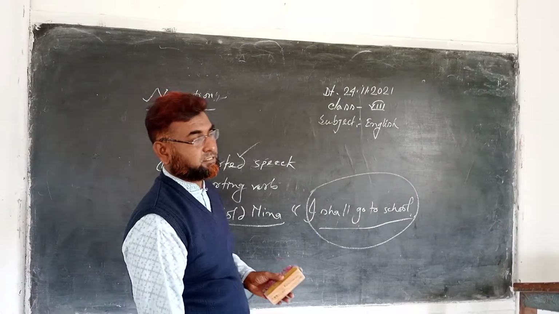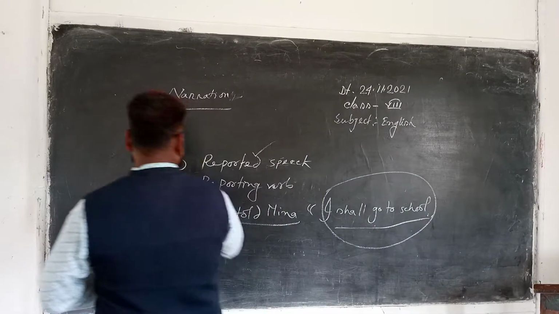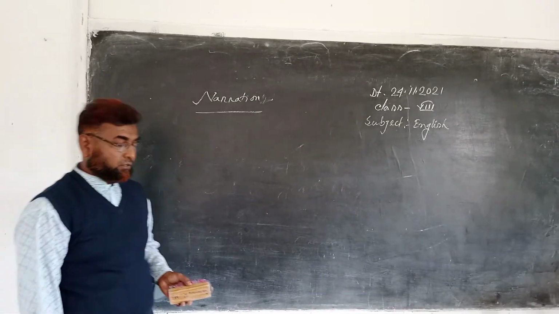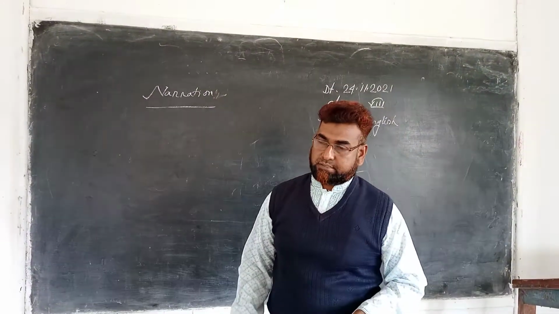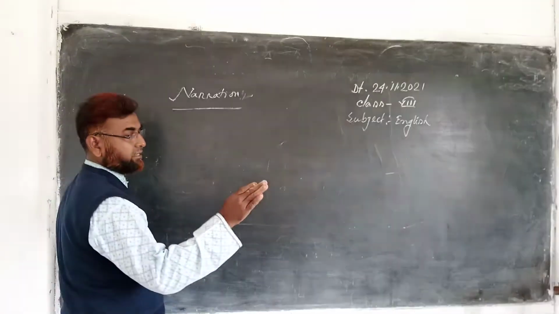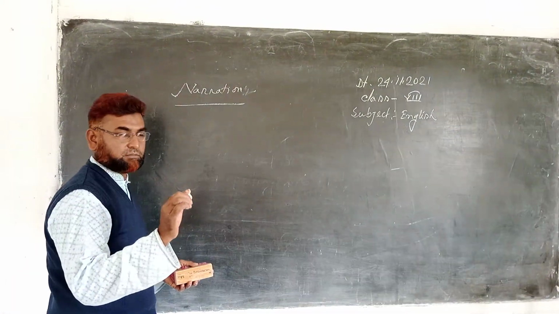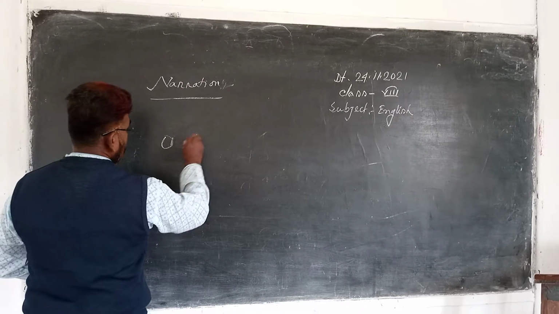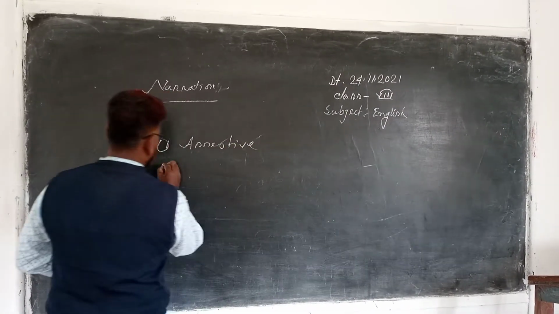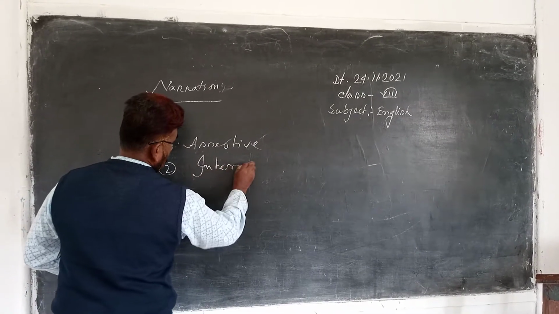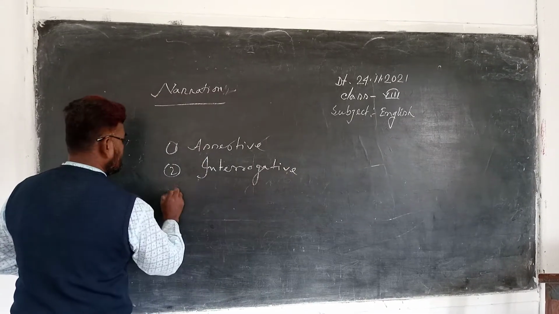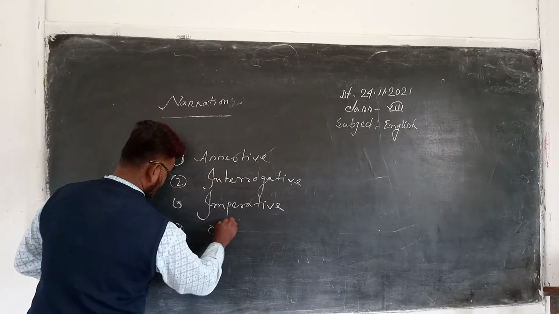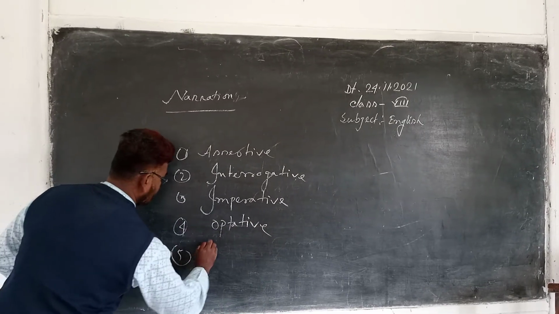So we have to know the process for completing the narration. Before going to the real practice, we have to know the kinds of sentence. Before changing the narration, we have to know the sentence kinds: assertive, number 2 interrogative, number 3 imperative, number 4 optative, number 5 exclamative.